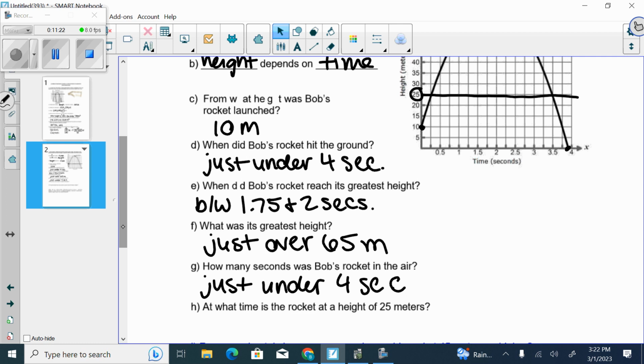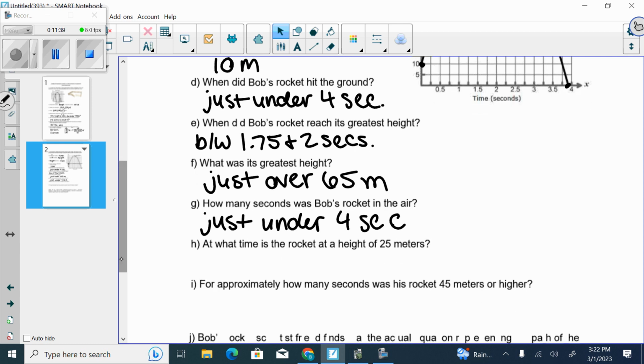So there's 2 times where it's going to be at a height of 25 meters. It does look like the first one, like he said, is really early on. A quarter of a second. Good. And the second one is like 3.5. Perfect. Those are great estimates. So that's exactly what we'll go with. So the first time at a quarter of a second, or 0.25. And then again at 3.5.